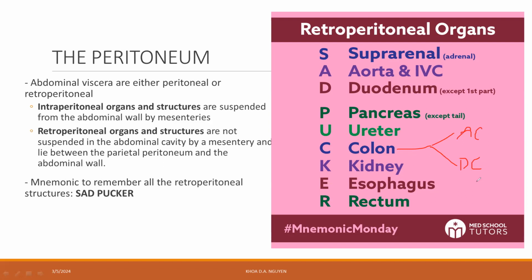So AC and DC are the retroperitoneal parts of the colon. Then you have the esophagus, or the distal part of the esophagus, the one that travels through the diaphragm to get into the abdominal cavity. That part is retroperitoneal, as well as the rectum.